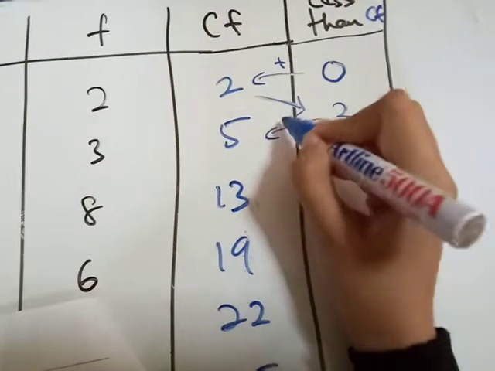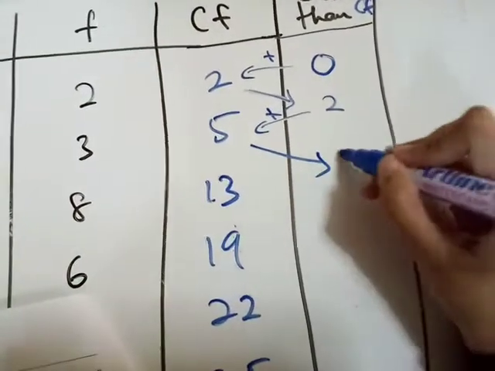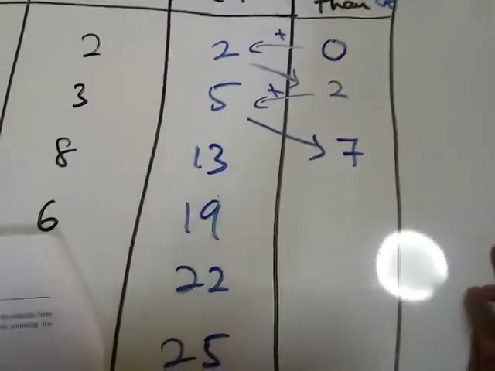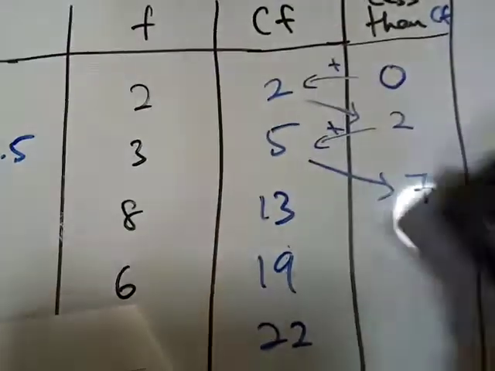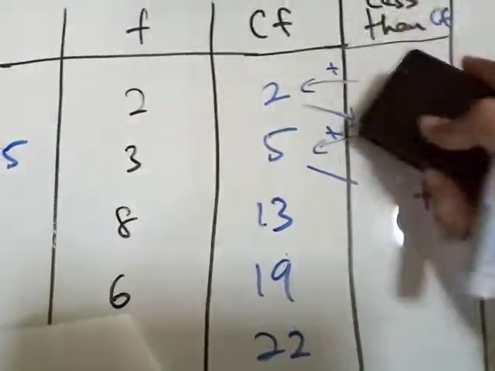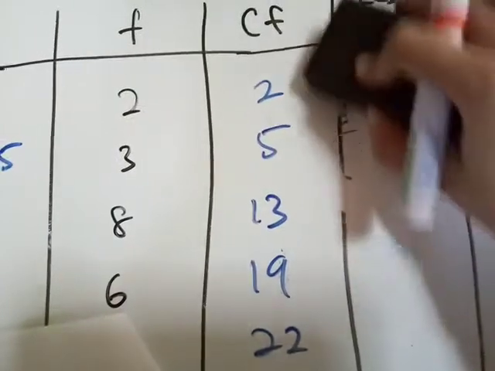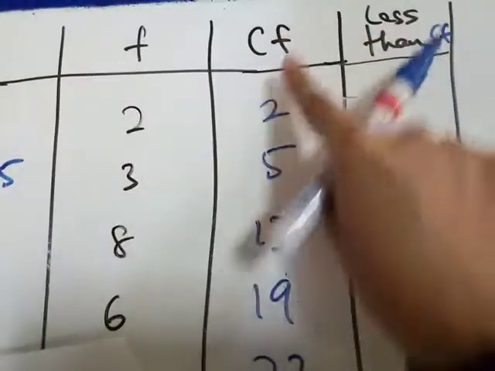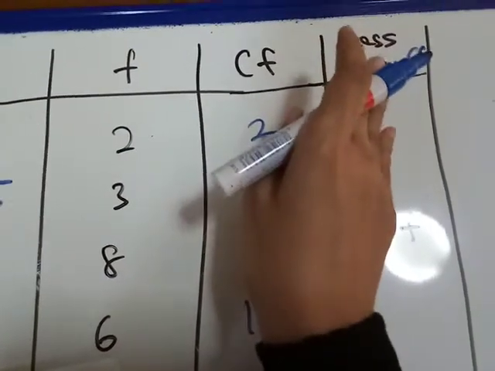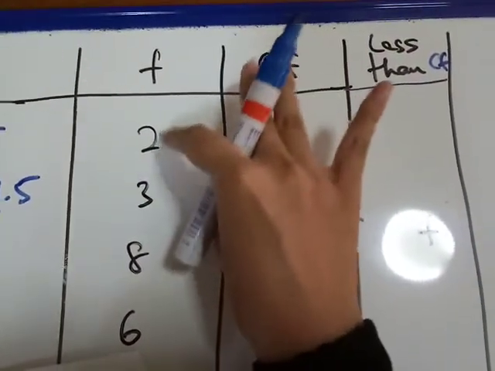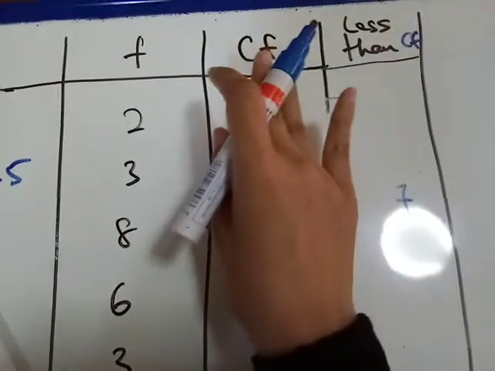And then 2 plus 5, you get 7. Sorry, why 2 plus 5? Oh, sorry, no. It is not from the cumulative frequency. I made a mistake. I kept taking the cumulative frequency. To calculate less than cumulative frequencies, you use the frequency, not the cumulative frequency.